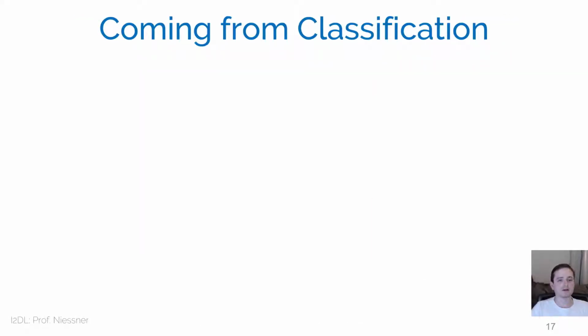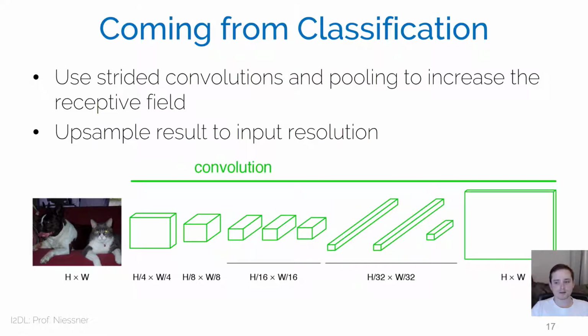So if we keep this in mind, one great way to increase the receptive field of your network is by using strided convolutions or pooling layers to reduce the spatial dimension, and this way each pixel here is affected by many pixels in the input.